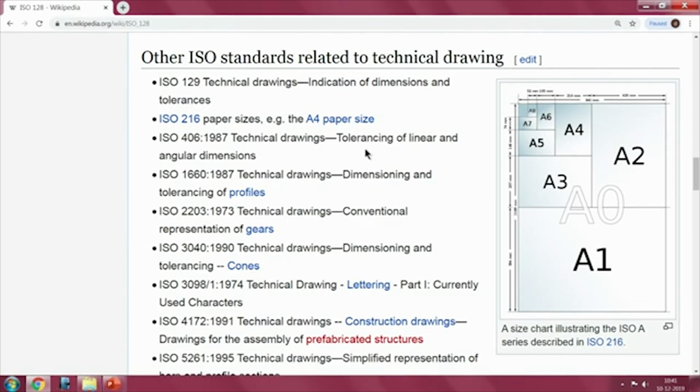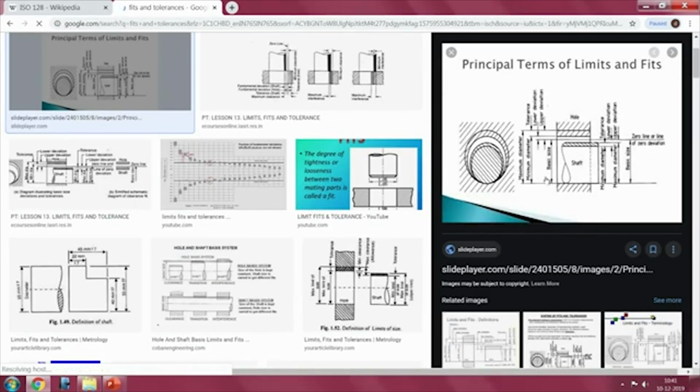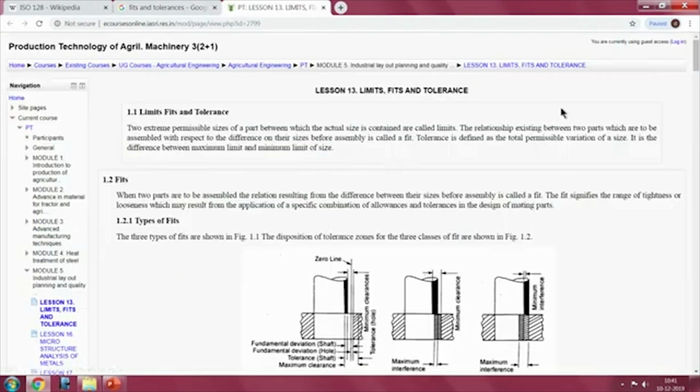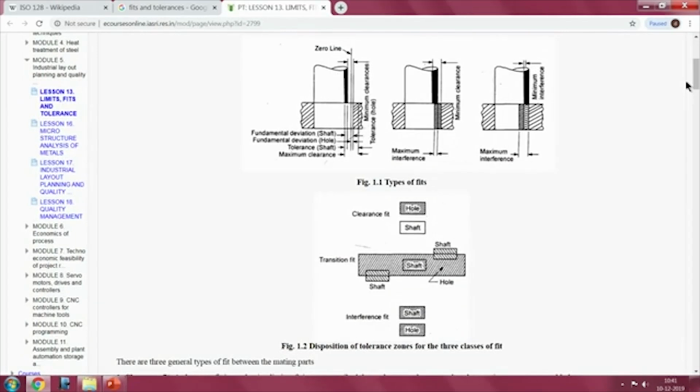So, the thing we are all familiar with is how a door fits. This, though it looks a little complicated, reality is this. I just said the word door a little while back.